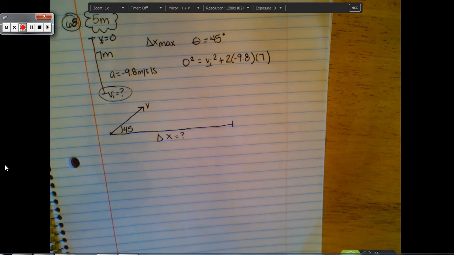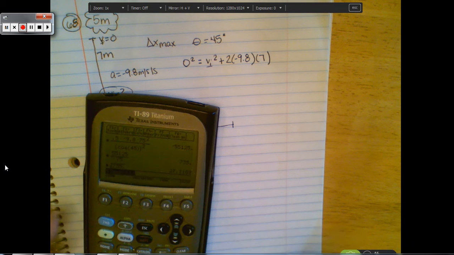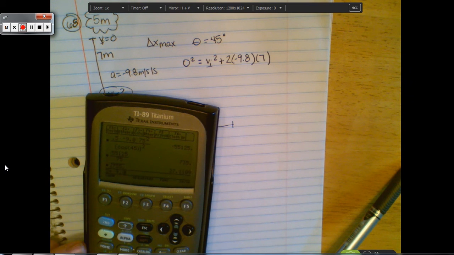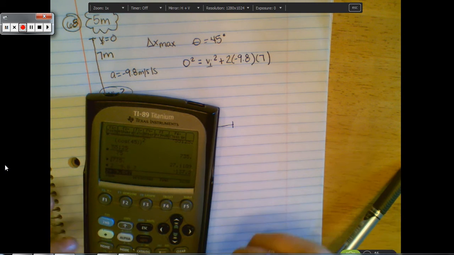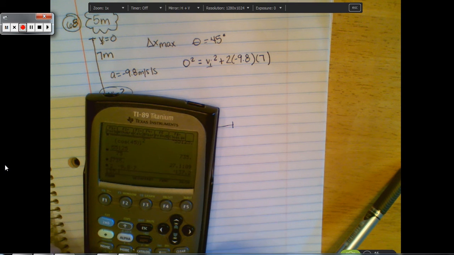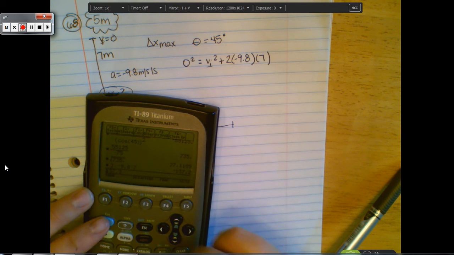Now, this should give us a positive VI. So in my calculator, I'm going to do 2 times negative 9.8 times 7. Okay, if I take that to the other side, it's positive, so 137.2 is what I need to take the square root of.